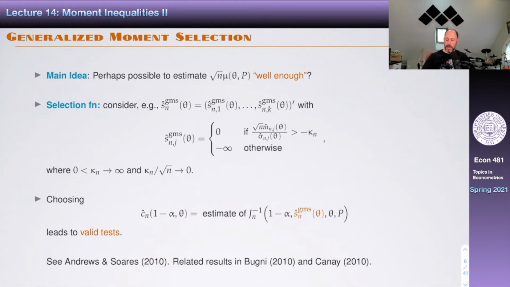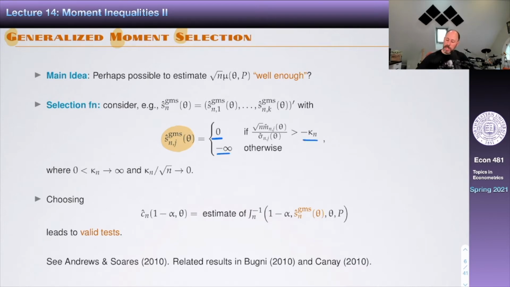Okay, so GMS, and this GMS function can take many forms, but the easiest one is this one that I'm describing over here, where the function is 0 if your moment is sufficiently close to 0 and is negative infinity otherwise.